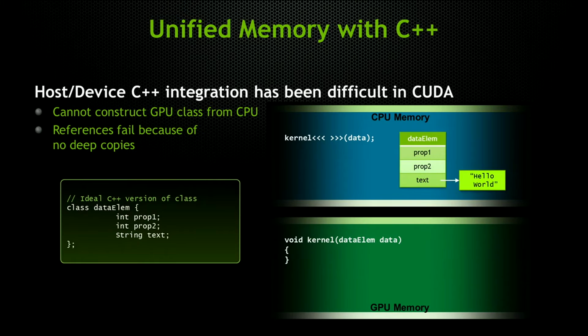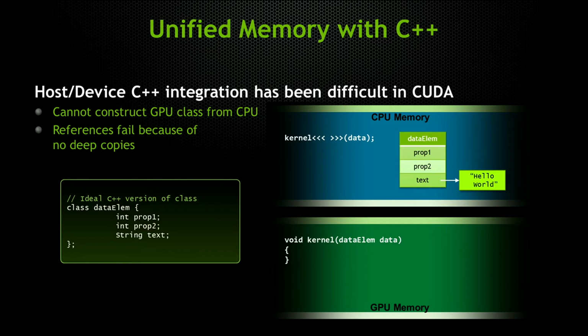Unified memory really shines with C++. And I'll do a little bit of an in-depth example here. But the problem with C++ without unified memory is that non-simple data structures that have non-default constructors don't know how to allocate GPU memory.